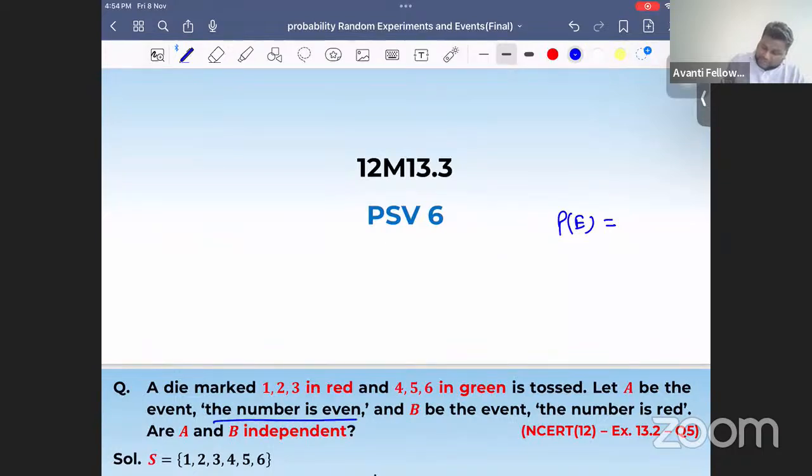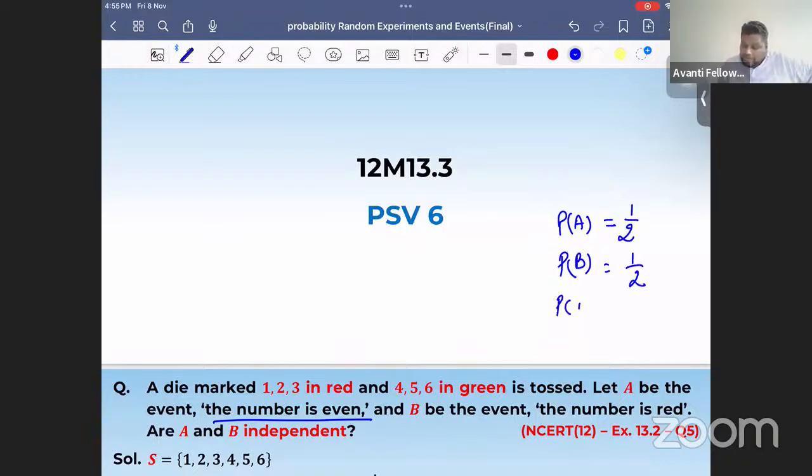Number is even, so three even numbers are there. So it is half. And B is what? Number is red. So red is what? Again 1 by 2.